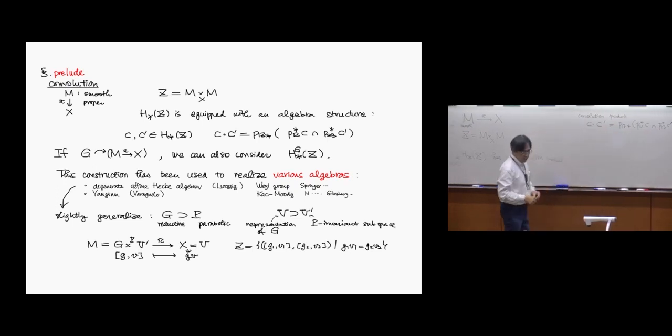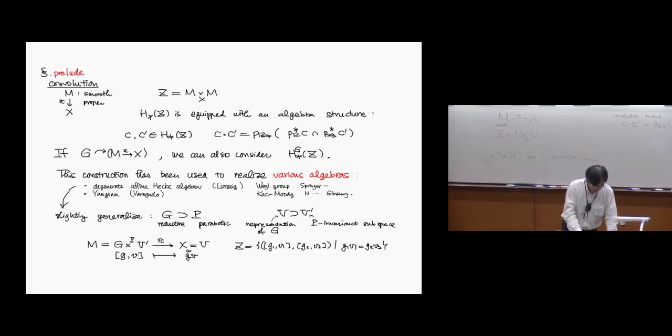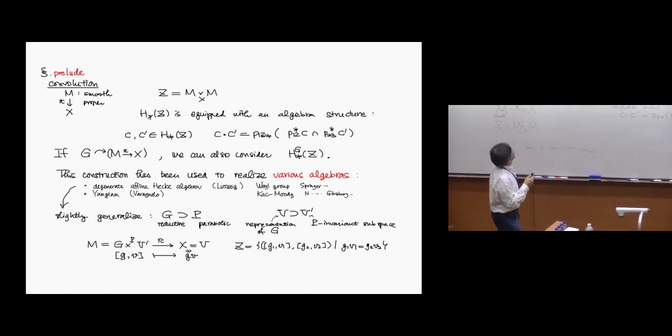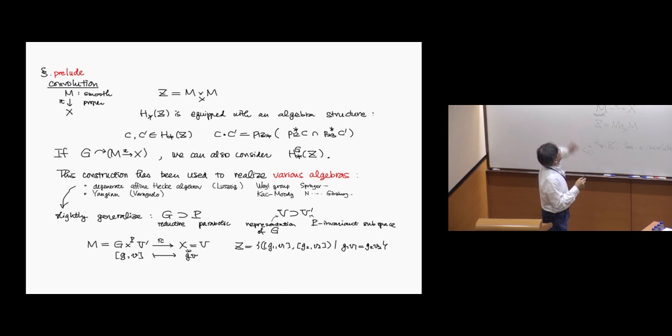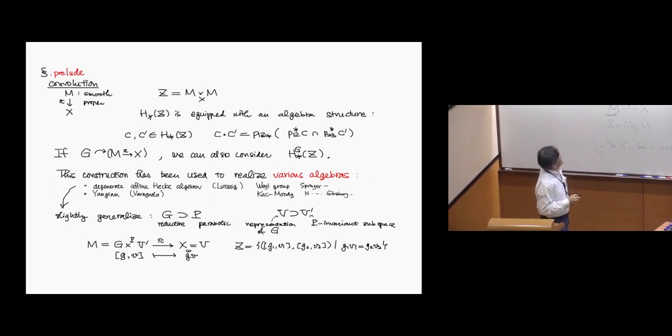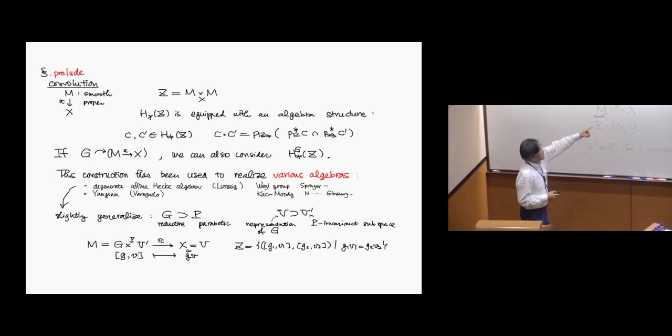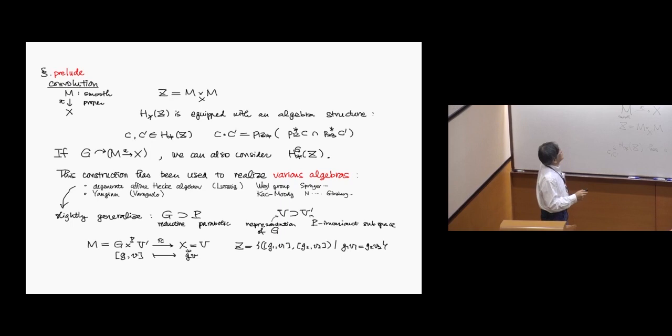And if you have a group acting on the space like this, and also X has a group action, then you have the G action, group action, on this fiber product. Then you can consider the equivariant homology.